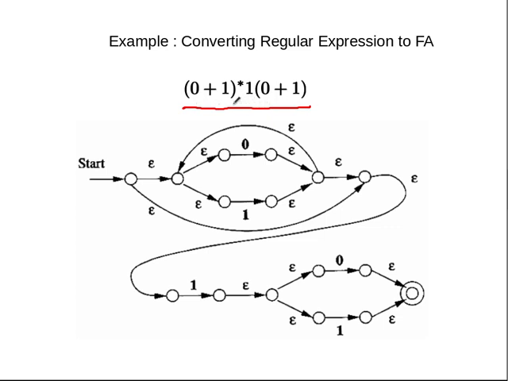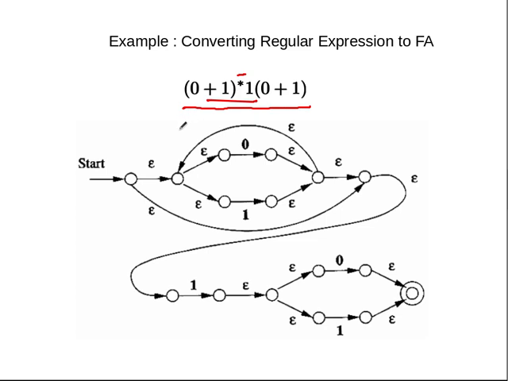This part is not that trivial to see, because regular expressions are only allowed to have these operators: this plus, some concatenation, which we have not shown as an operator but is at play, and then this Kleene star.